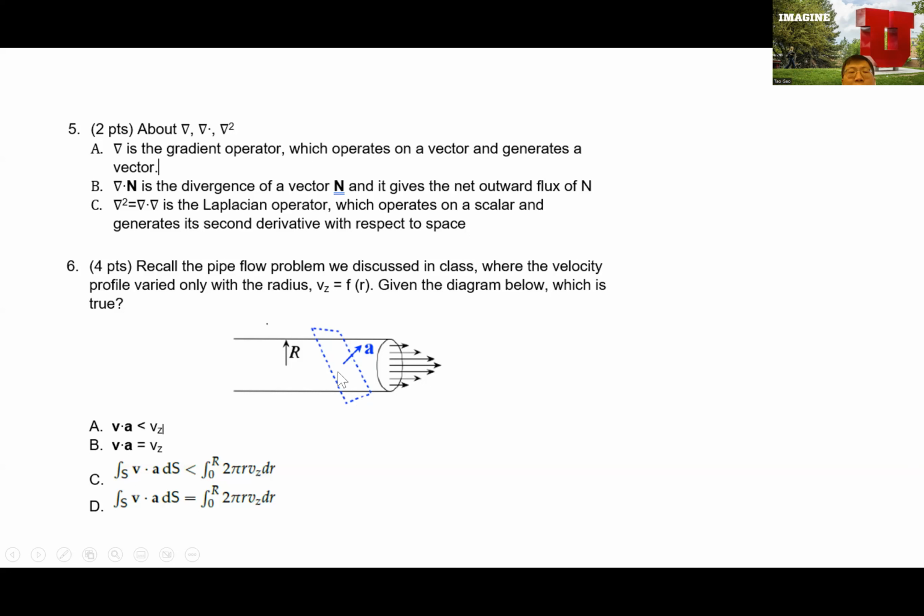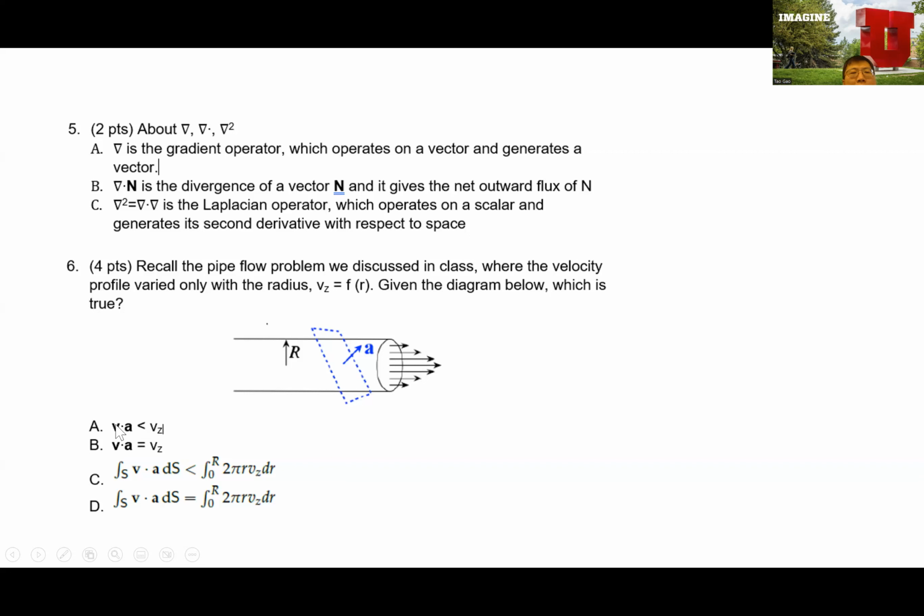There's an angle. Dot product, again, in this case, because A is a unit vector, its magnitude is 1. And the dot product between V and A mathematically is V multiplied by cosine theta, where theta is the angle between the V vector and the A vector.